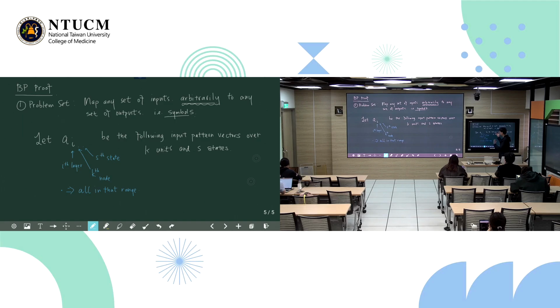So we're setting up that problem. Everyone agrees that therefore there must be some set of inputs, the A's of i, of k, of s.